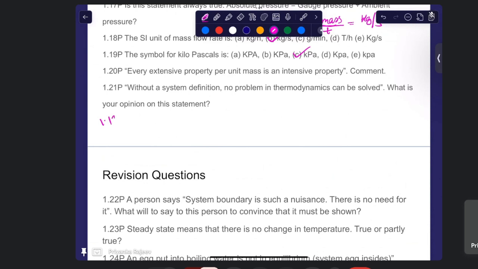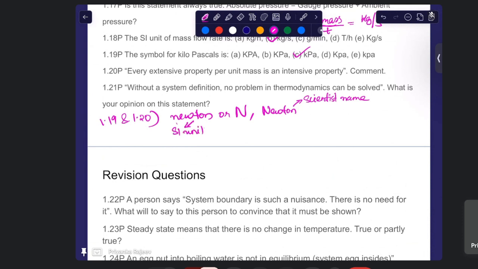So 1.19 and 1.20 I'm writing over here. So Newton, we will write it as small letter when you are referring to the SI unit, but the symbol will be capital N. Okay, if you write capital Newton, this is a scientist name, it becomes a proper noun. Okay, this is SI unit. Likewise, if you write pascal with small p, then that is the unit.